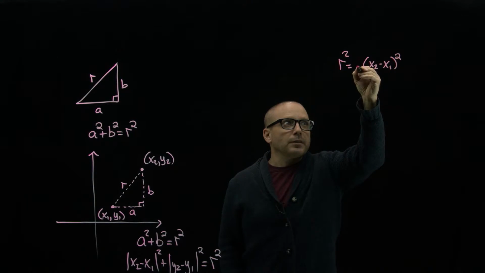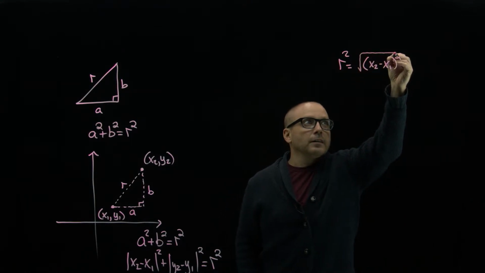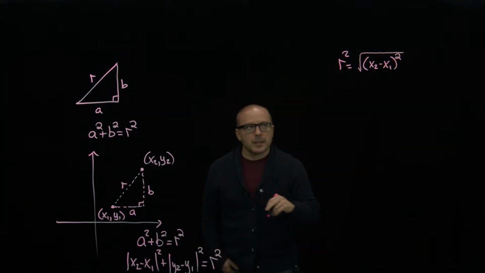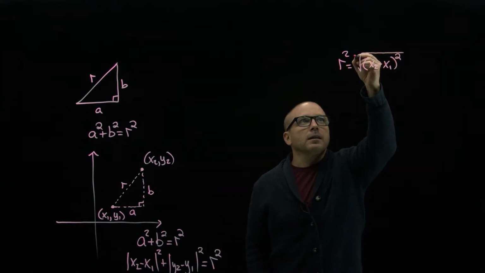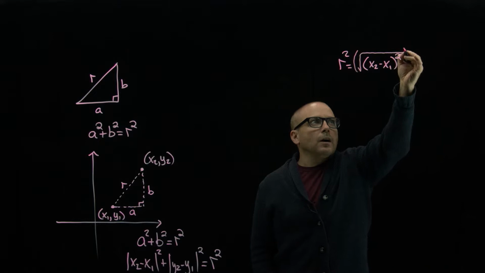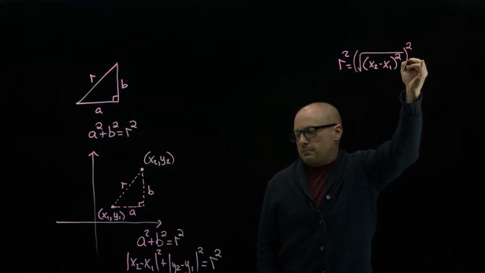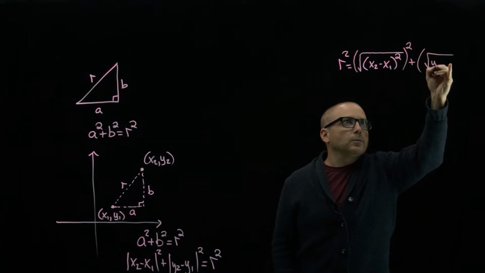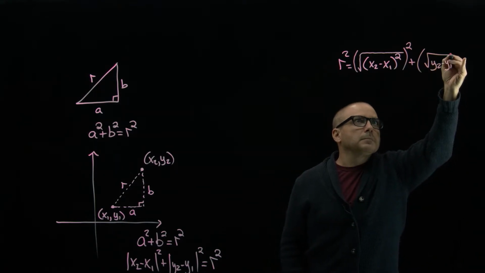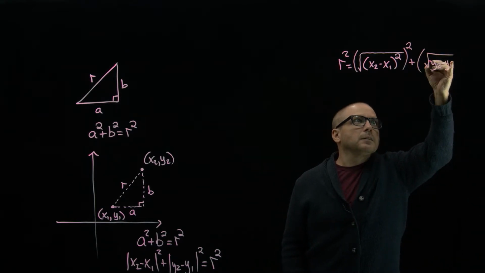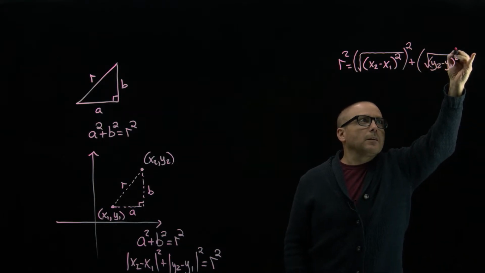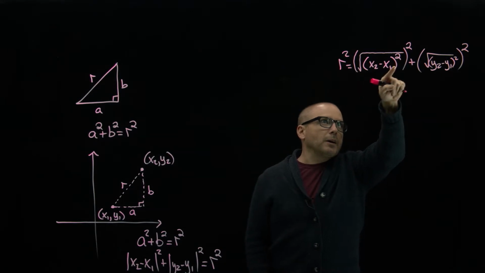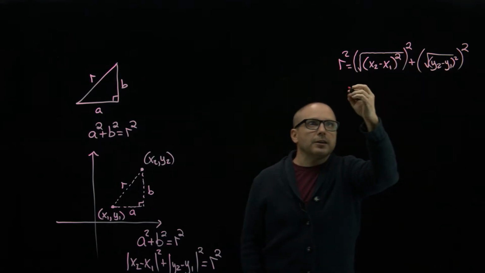Squaring it makes it positive, and then the square root, and then all of that squared, plus square root of y2 minus y1 squared, all of that squared. Now that looks cumbersome, but the square root and the square cancel, and this is squared here.